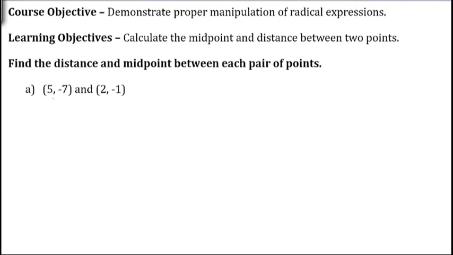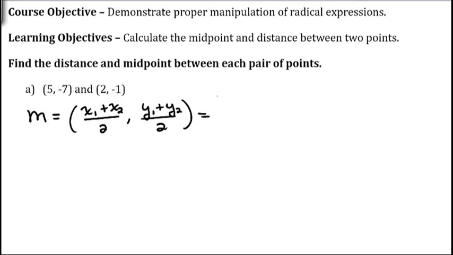So our first example, we have the 2 points 5, negative 7, and 2, negative 1. So first we'll calculate the midpoint. So the midpoint formula is x1 plus x2 divided by 2. And then the y-coordinate is y1 plus y2 divided by 2.